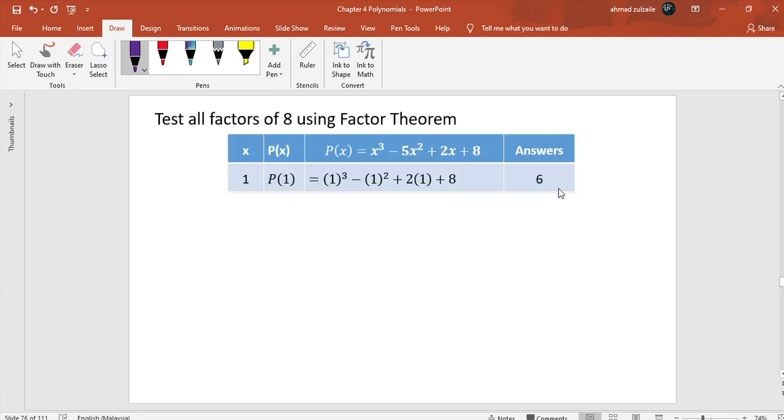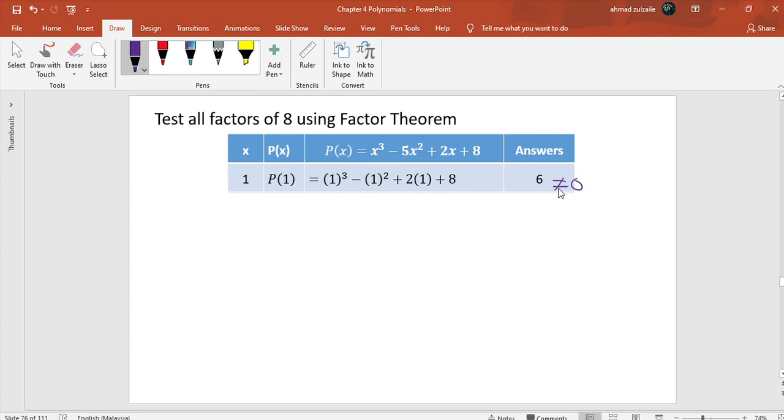We have to test all factors of 8 using the factor theorem. Remember, when you substitute into the polynomial and it gives you 0, it means that your x value is a factor of this polynomial. So when I substitute 1, I have an answer of 6. So 6 is not a 0, meaning that 1 is not a factor.